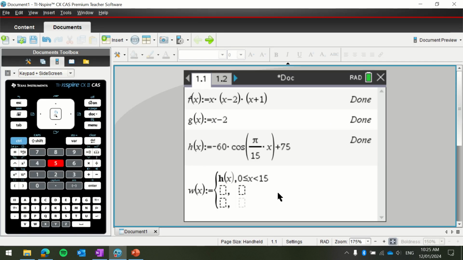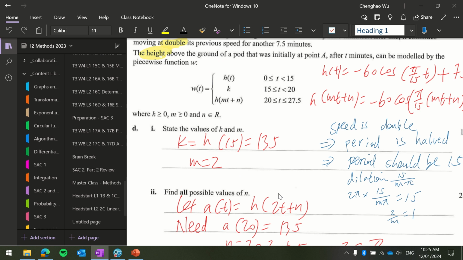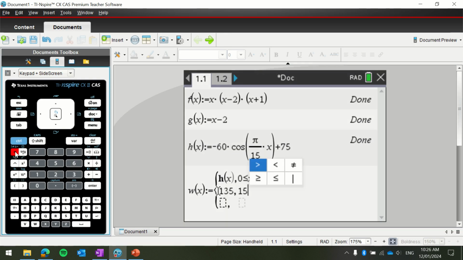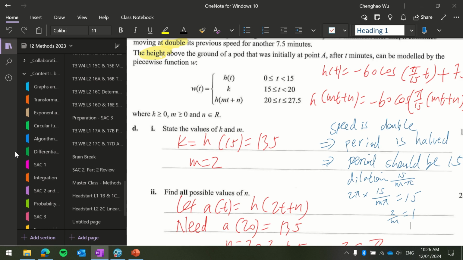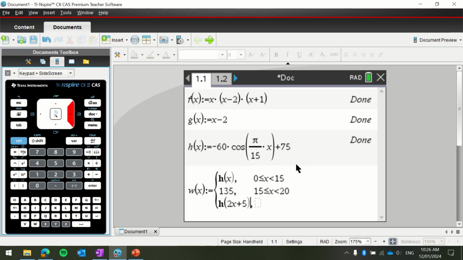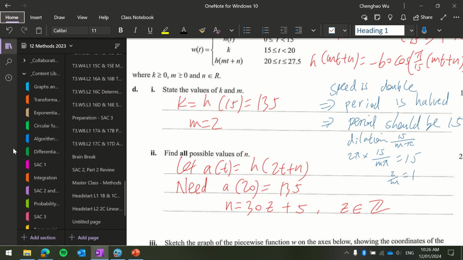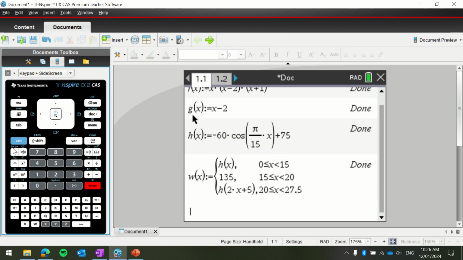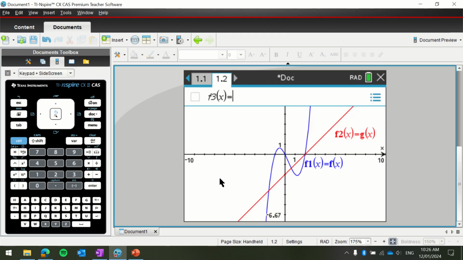Zero between x and 15, and k is 135, 15 and 20, and then I have h, but m is 2, and 5, and that's done, and I'm ready to graph.